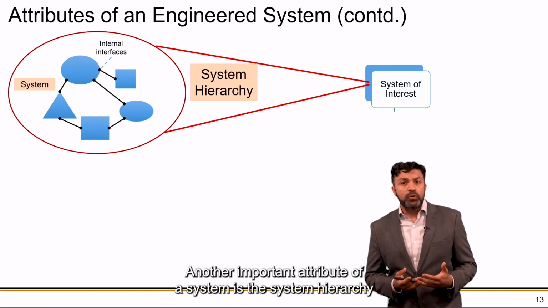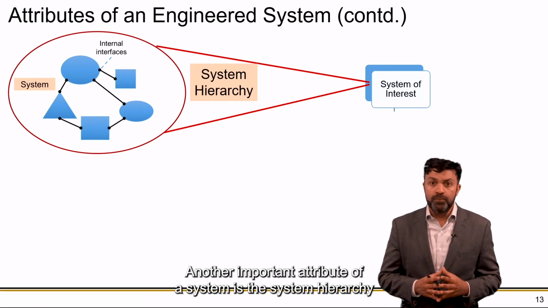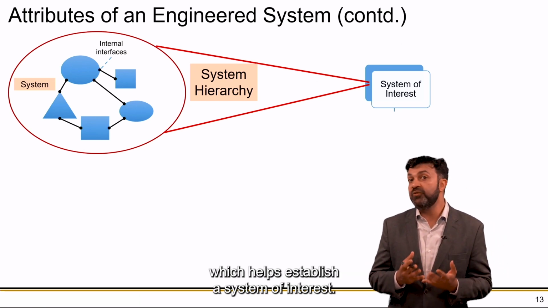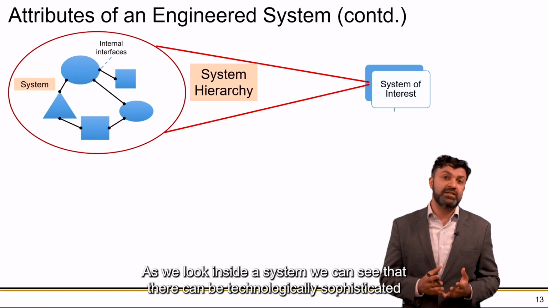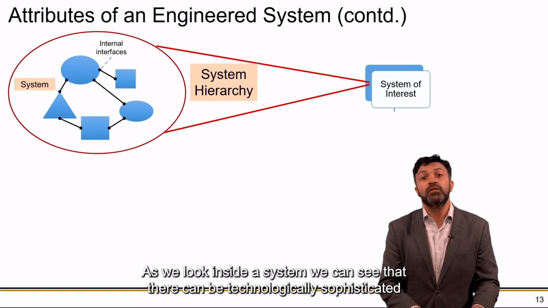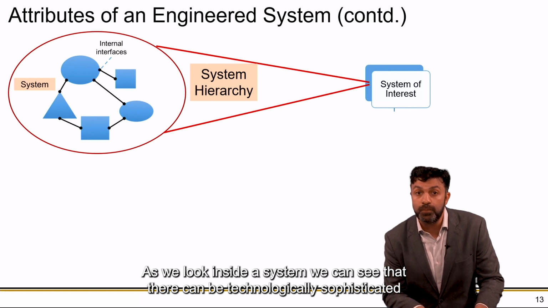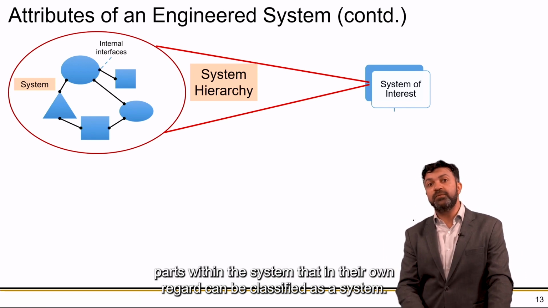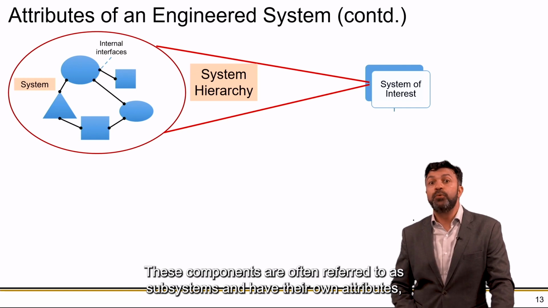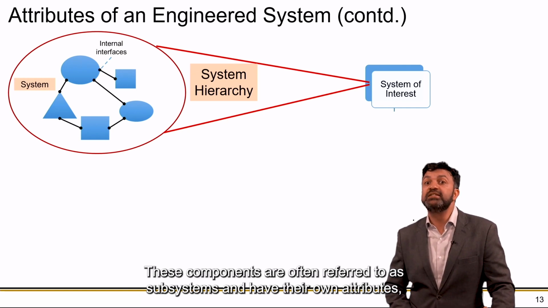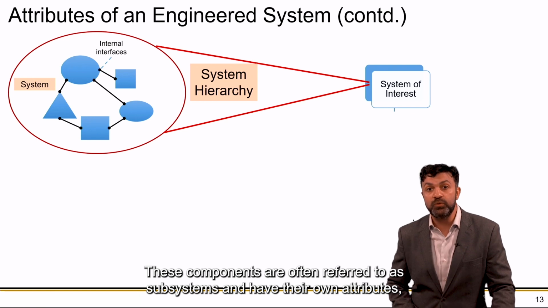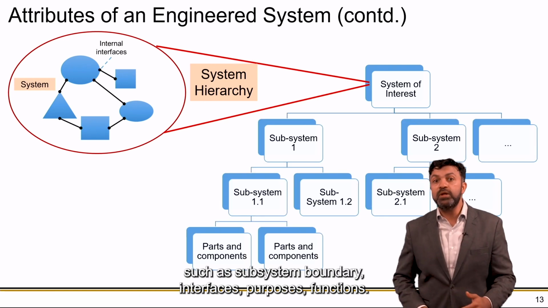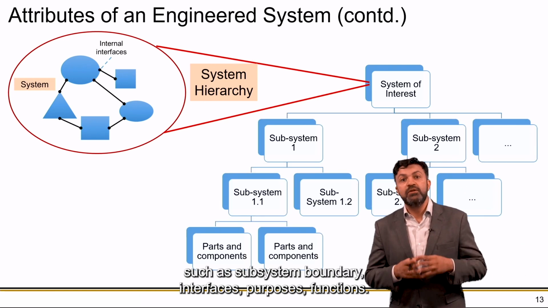Another important attribute of a system is a system hierarchy, which helps establish a system of interest. As we look inside a system, we can see that there can be technologically sophisticated parts within a system that in their own regard can be classified as a system. These components are often referred to as subsystems and have their own attributes such as subsystem boundary, interfaces, purposes, functions.